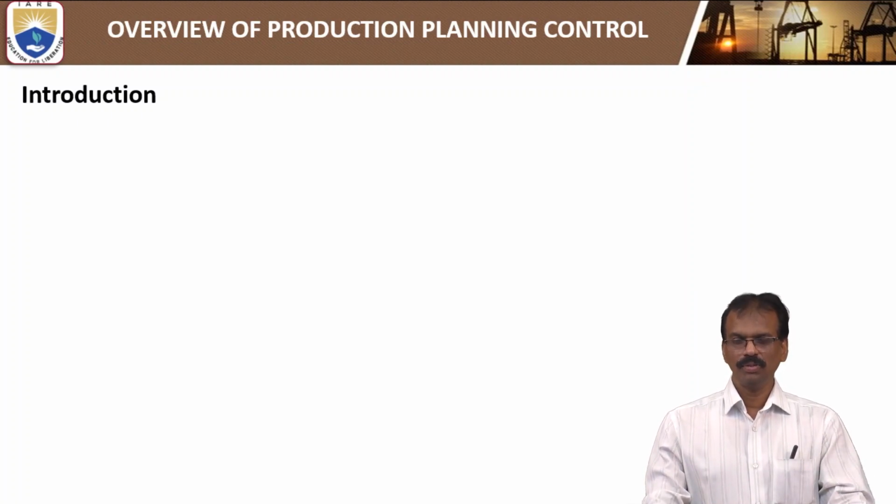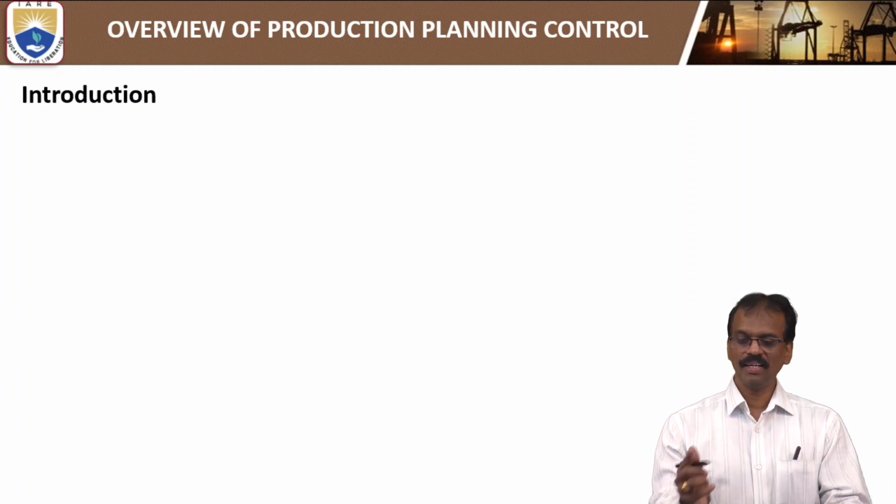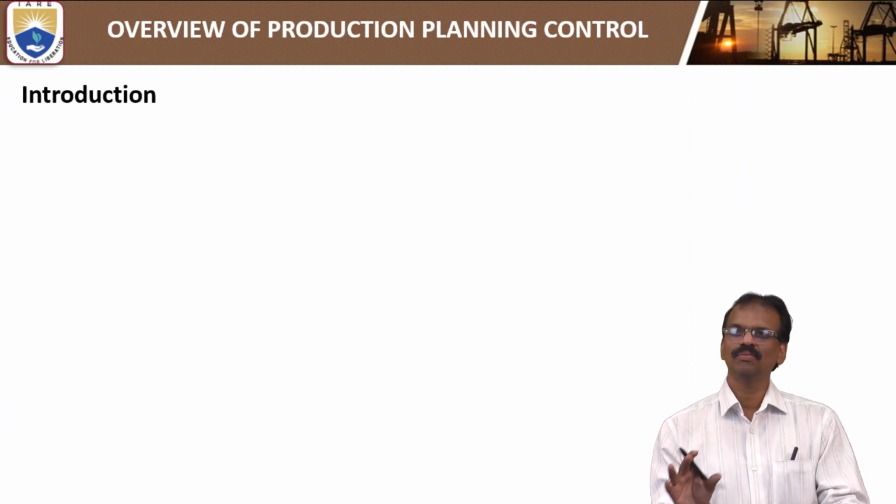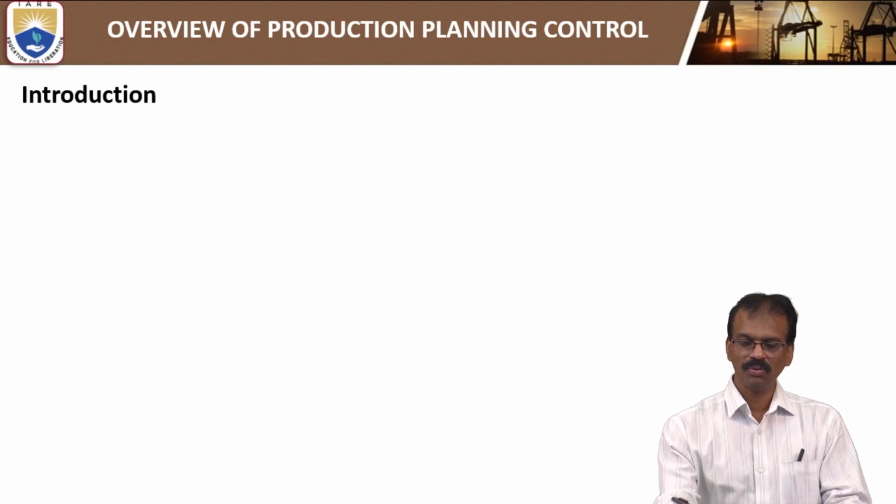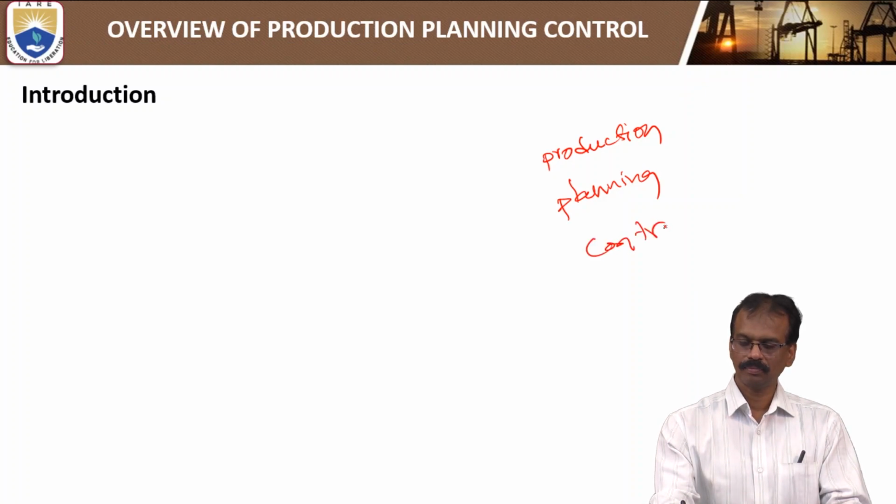So you know that if we go by this title, production planning and control, here you can see three main words. The main words: what is the production? Another one is the planning. The third one is the control.